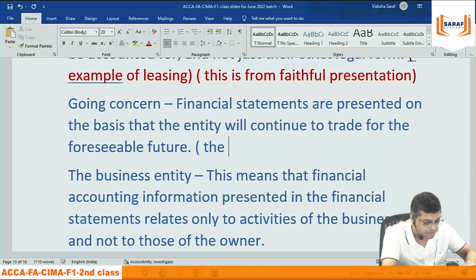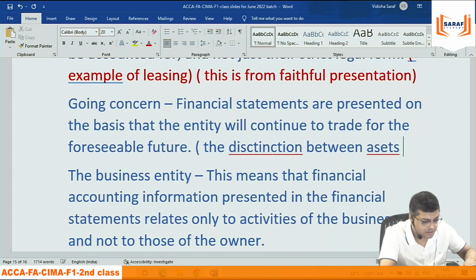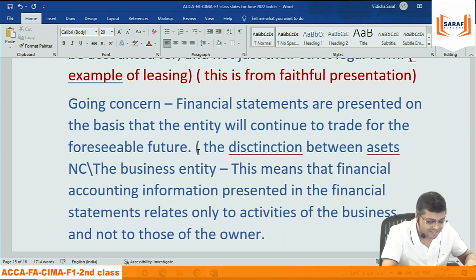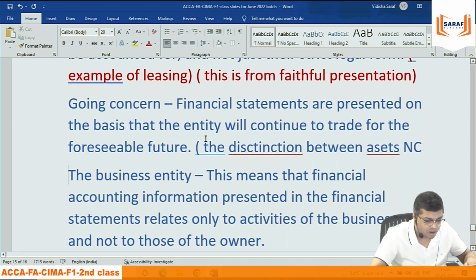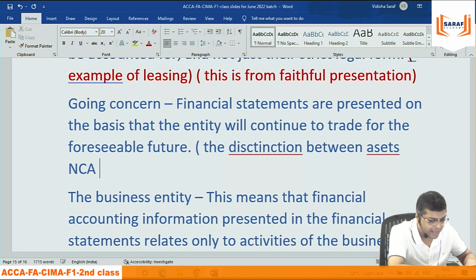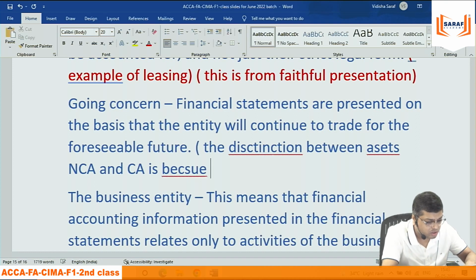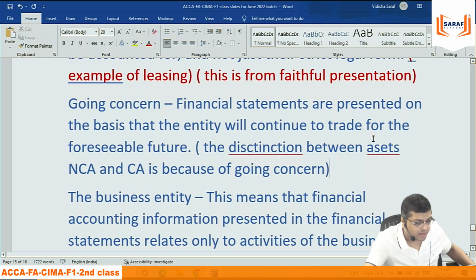The distinction between non-current asset and current asset is because of going concern.